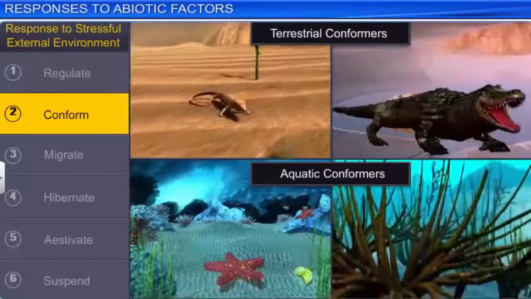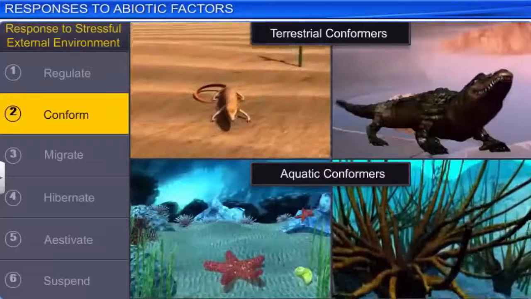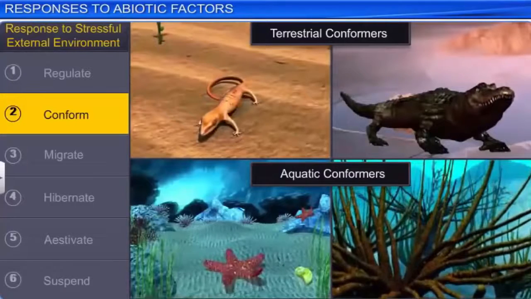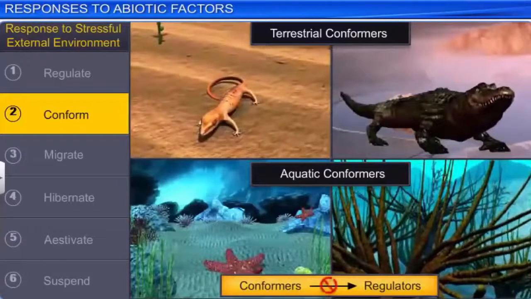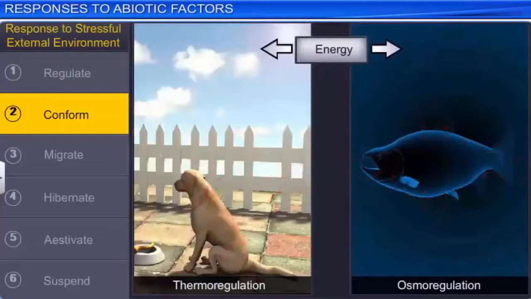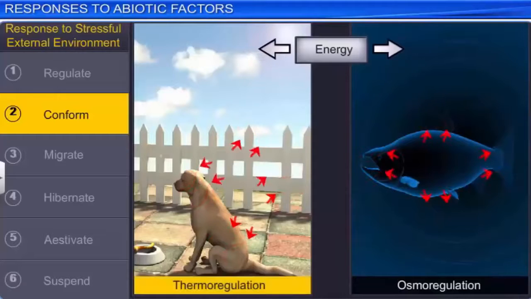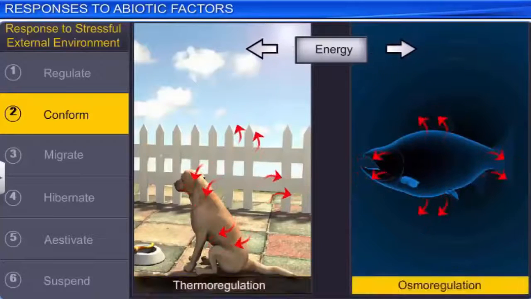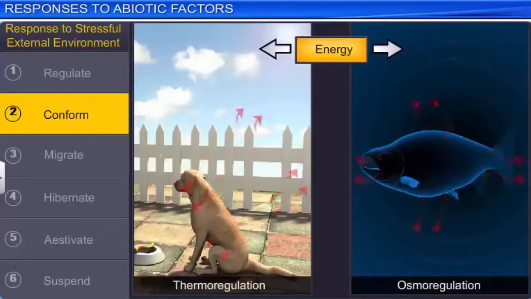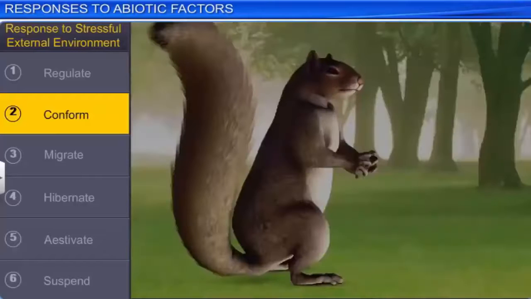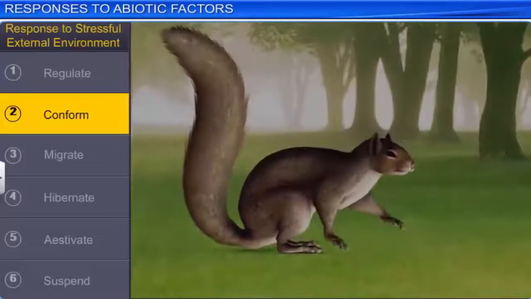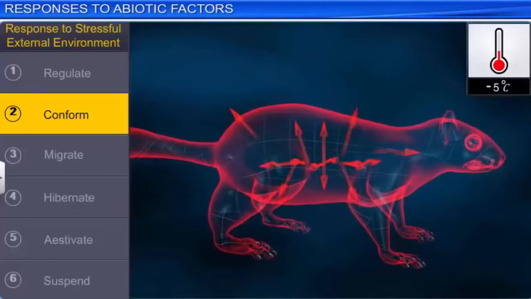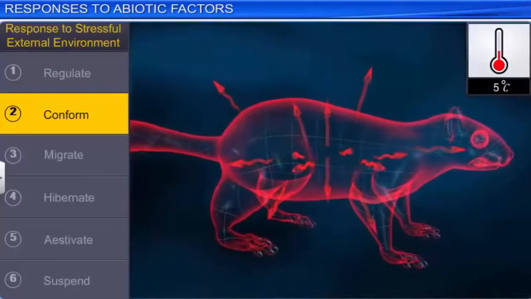Although maintaining a constant internal environment has advantages, conformers did not evolve into regulators. The reason is that processes like thermoregulation and osmoregulation consume a lot of energy, particularly in small animals, where heat loss or heat gain is a function of the surface area.